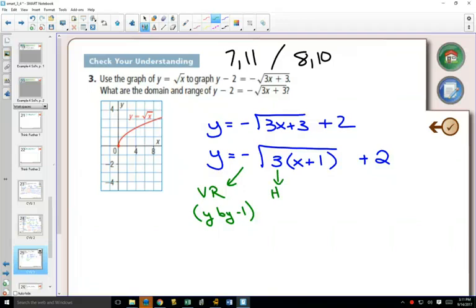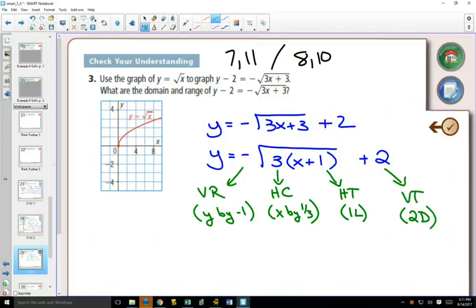Horizontal compression, because you're going to multiply x by 1/3. Horizontal translation, 1 to the left, and a vertical translation, 2 down.